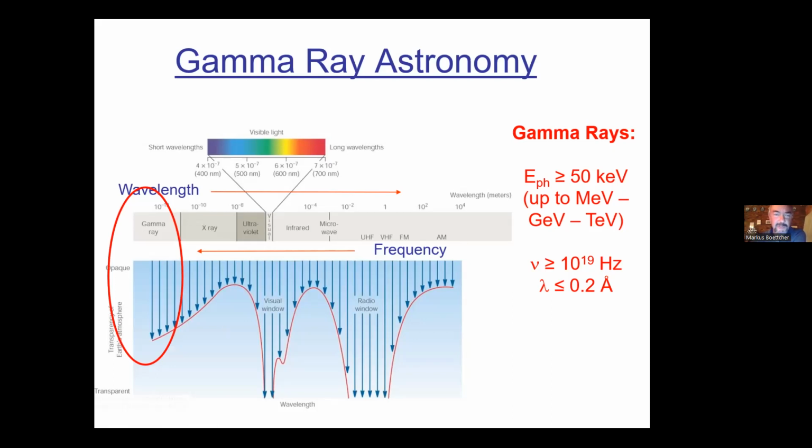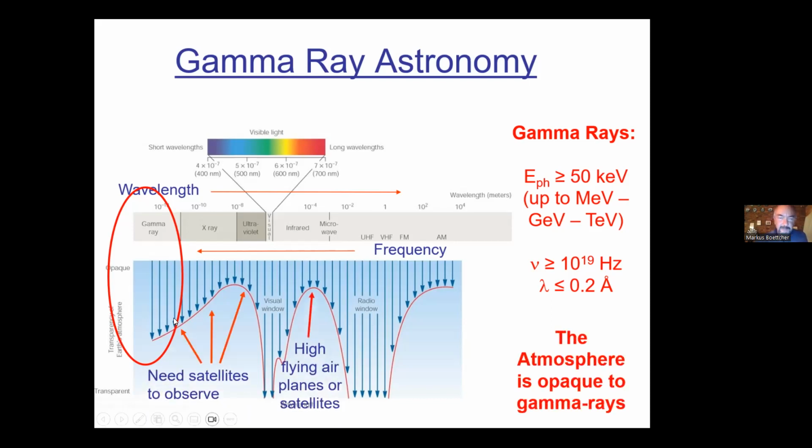So if we want to observe in any other wavelength band, gamma rays, X-rays, ultraviolet, infrared, we have to go above the atmosphere to avoid that absorption. With gamma rays, again, we're talking about photon energies above 50 keV, 50,000 times the energy of visible light, with no upper end, and frequencies not more than 10 to the 19 hertz.